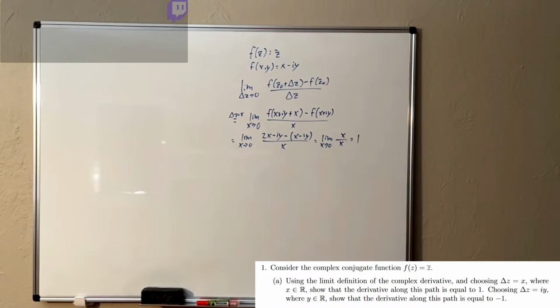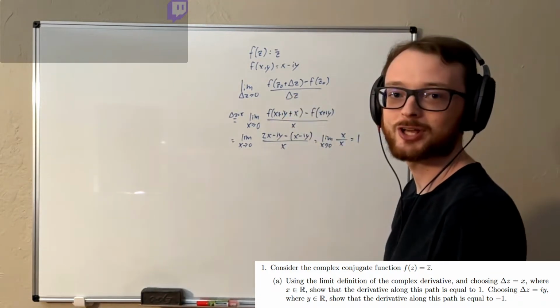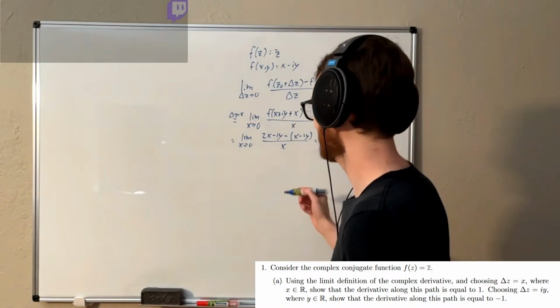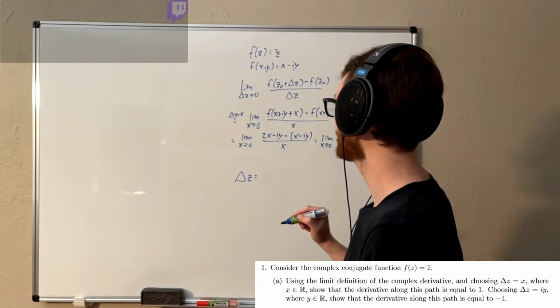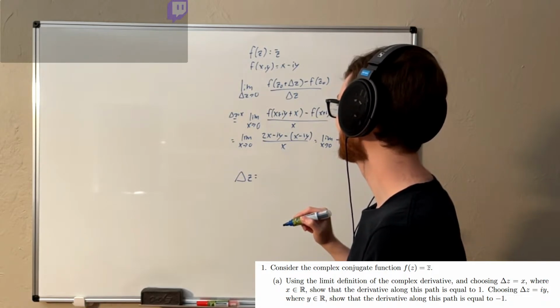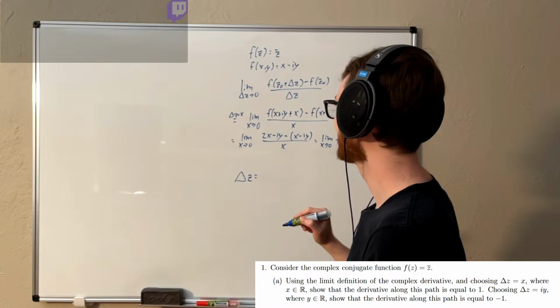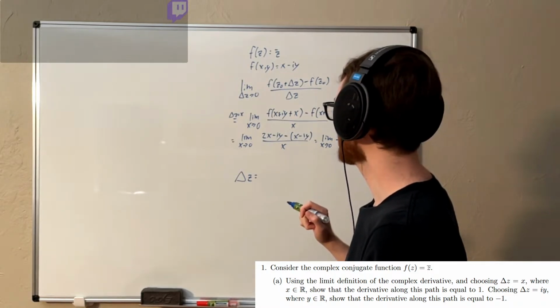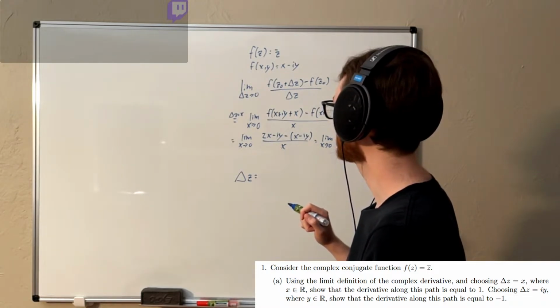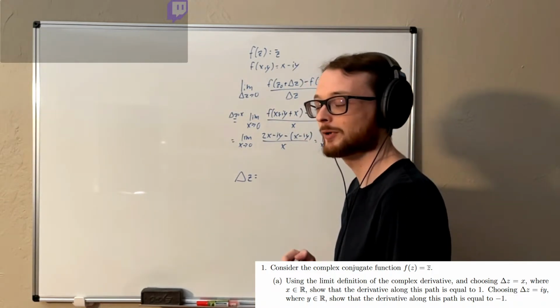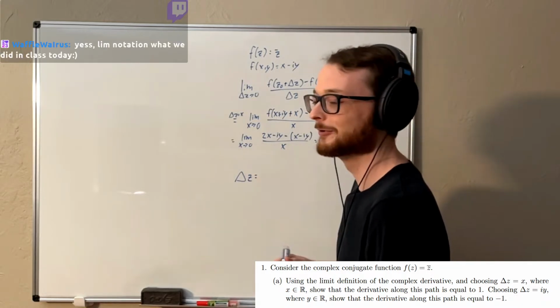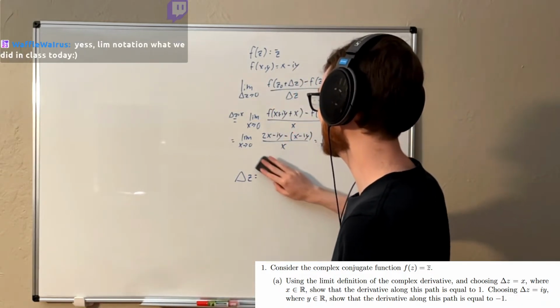Oh wait, do you know the limit? All a delta means is change. Delta z means some very small change in z. It's just a very small number, not infinitely small, but a number that's getting infinitely small.